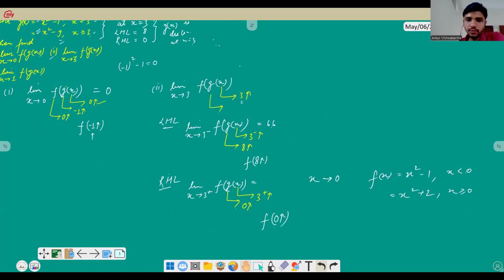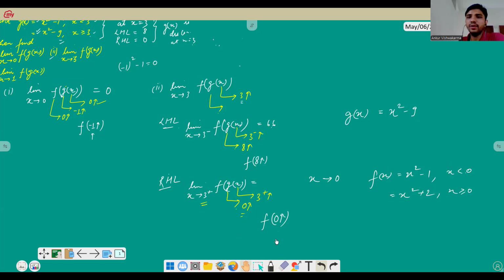So when x approaches 3 from the right hand side, g(x) approaches 0. Which definition of g(x) have we used here? Sorry, we have used the second definition of g(x) here, which is x square minus 9.